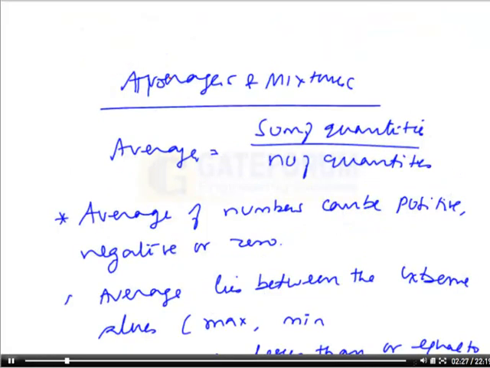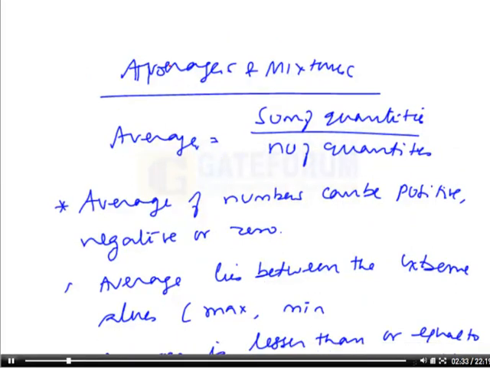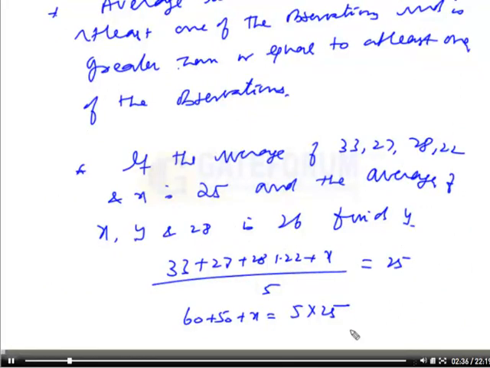So 110 plus x is equal to 125. Therefore, x is equal to 15.